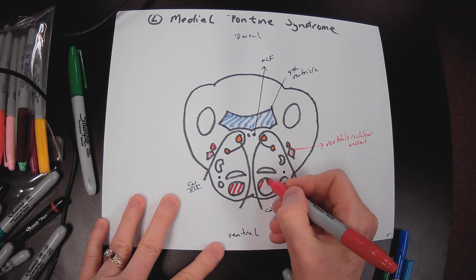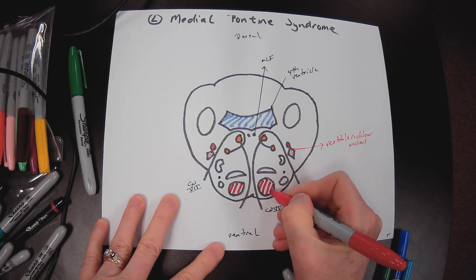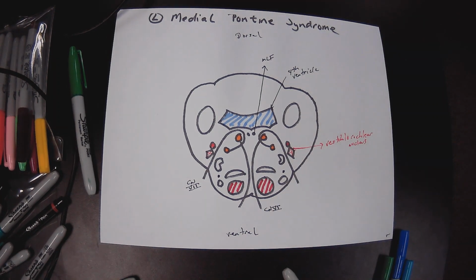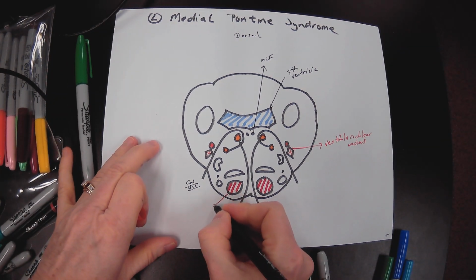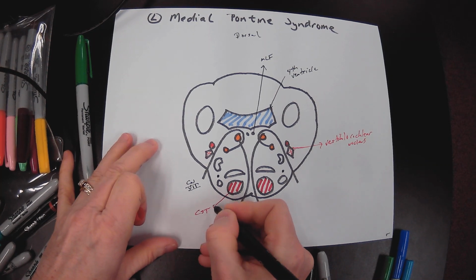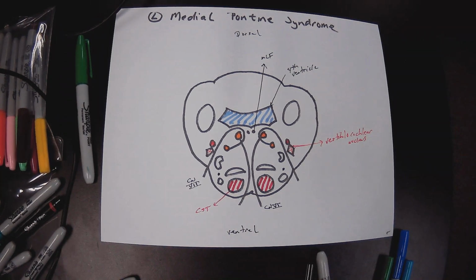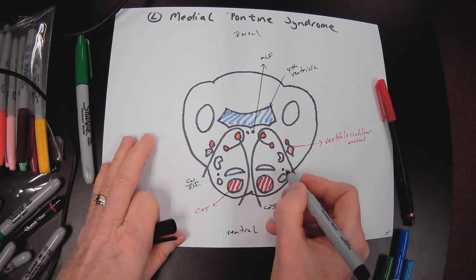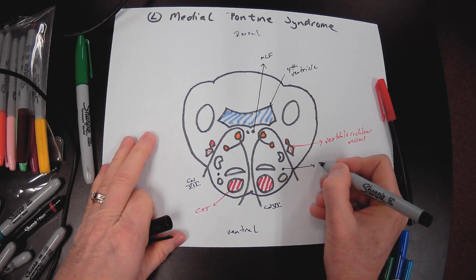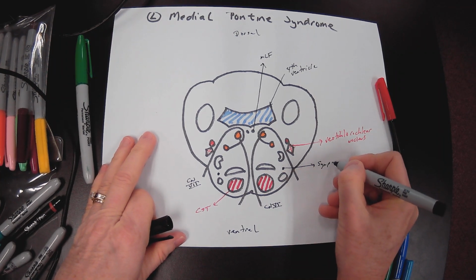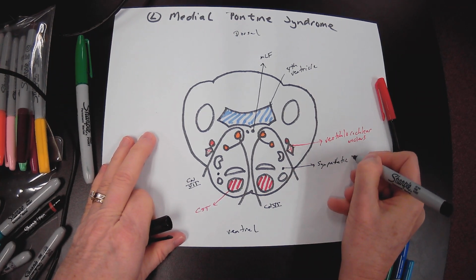Yep, this is your corticospinal tract. Okay, here's the small little tract that, if disrupted, causes Horner syndrome. We talked about that today. That's your sympathetic tract.